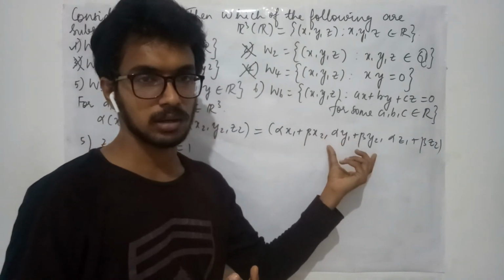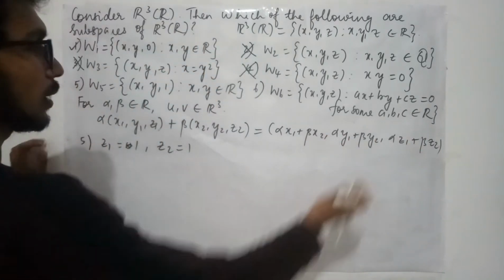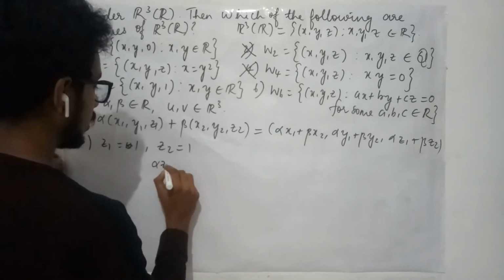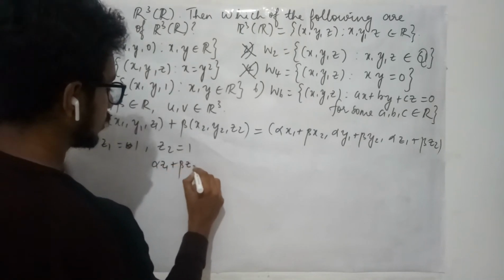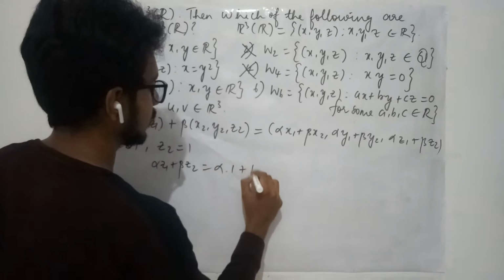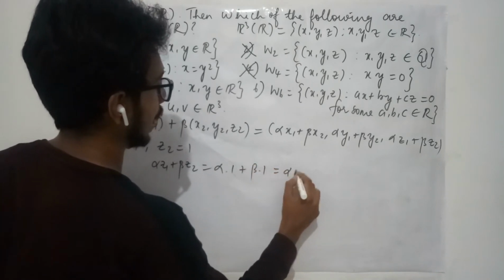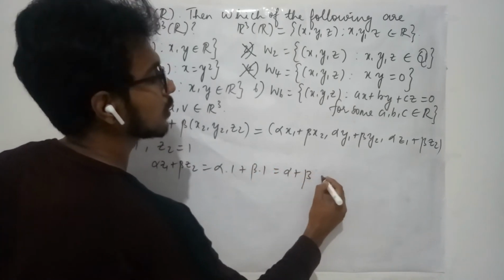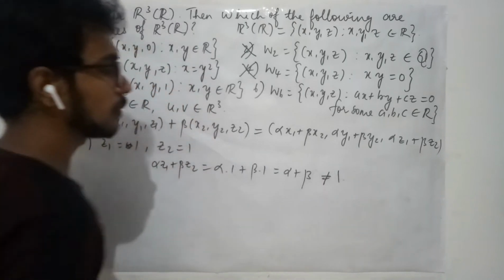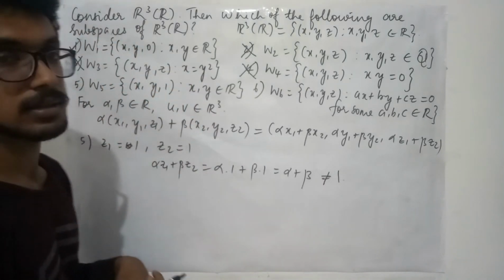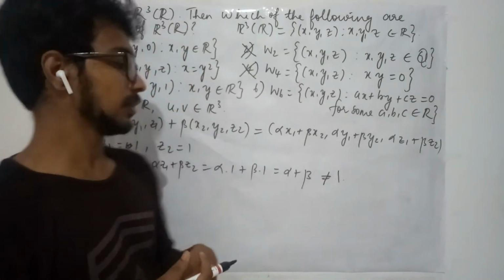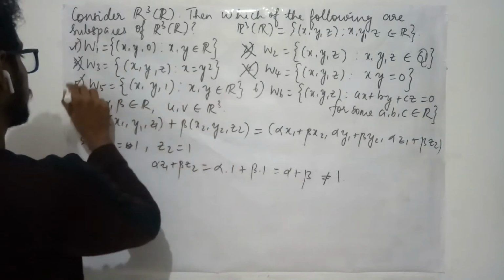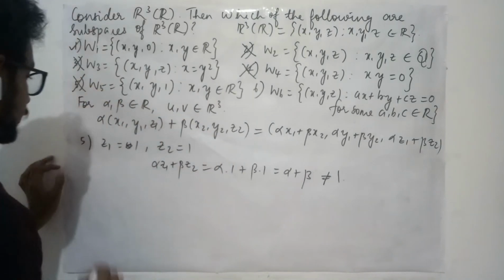Similarly, the other is also a real quantity. Now let us come to what happens to alpha z1 plus beta z2. This is alpha times 1 plus beta times 1, which is alpha plus beta. It is not always equal to 1 because alpha and beta are arbitrary choices in the set of reals. Therefore, it is also not a subspace, right?